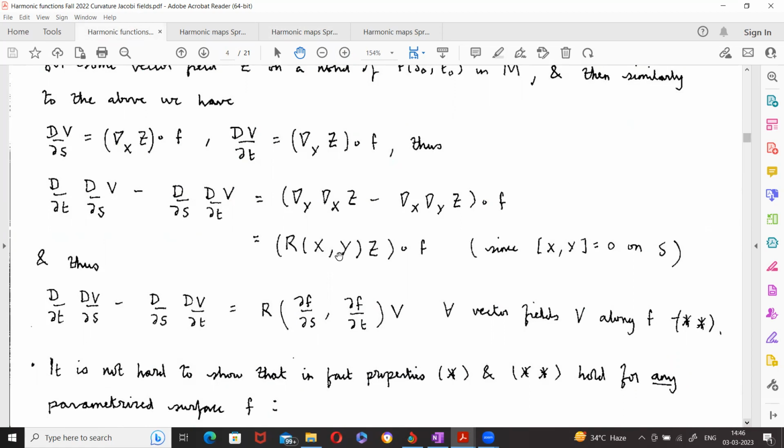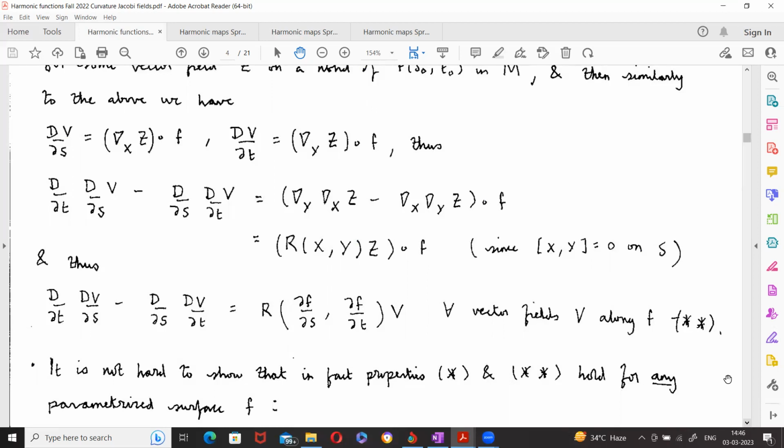And what is R of XY Z composed with F? So X and Y correspond to ∂F/∂s and ∂F/∂t, and Z corresponds to the vector field V. So finally, what we get is that D/dt DV/ds minus D/ds DV/dt, the difference of these two covariant derivatives, is equal to a curvature term, R of ∂F/∂s, ∂F/∂t applied to V, for any vector field V along F. Is this clear?